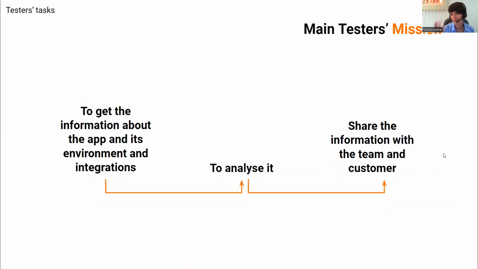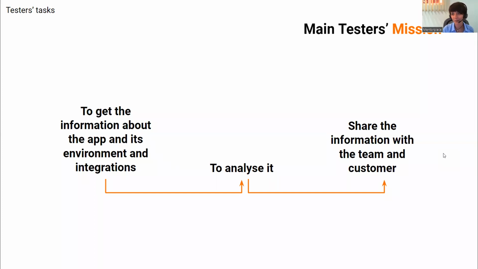Automation testers have pretty much the same mission, because automation is very close to manual testing, if we are talking about the approaches. Manual testing is testing by hand, by clicking the buttons, fields, and so on with your mouse.